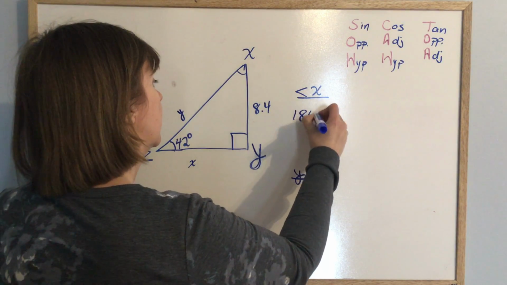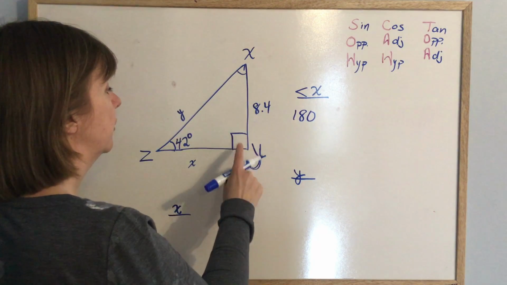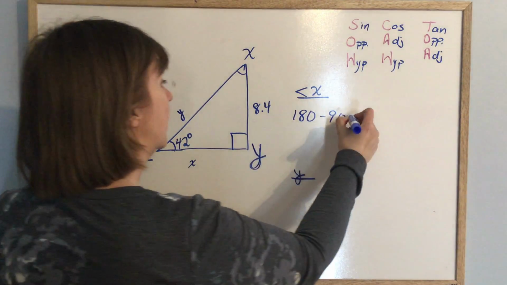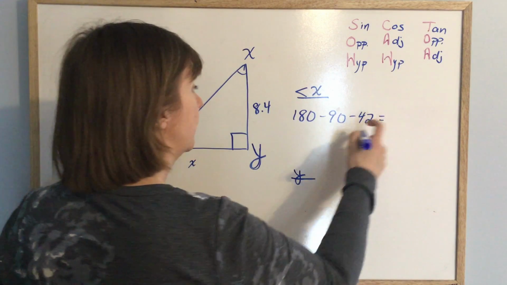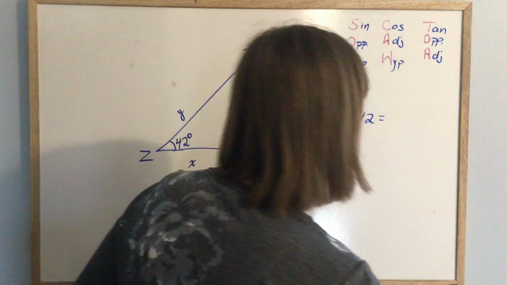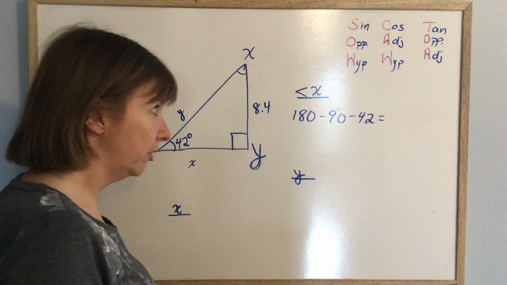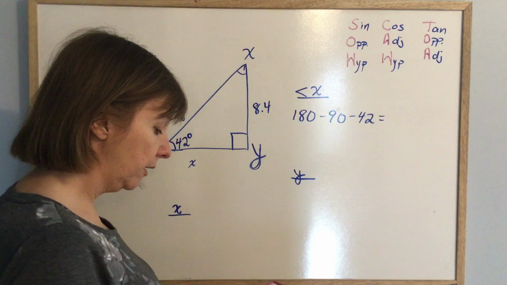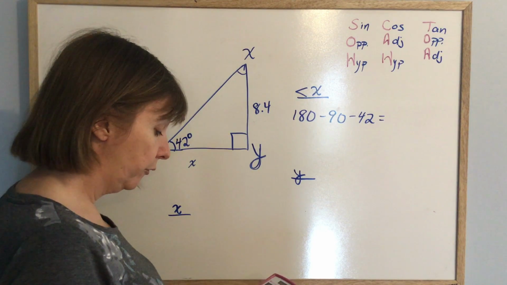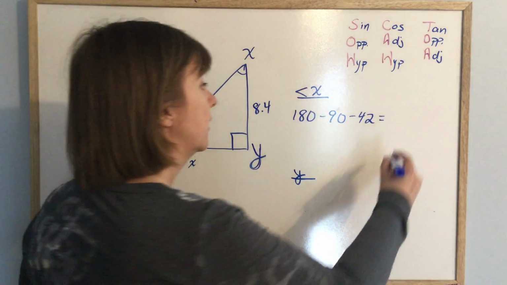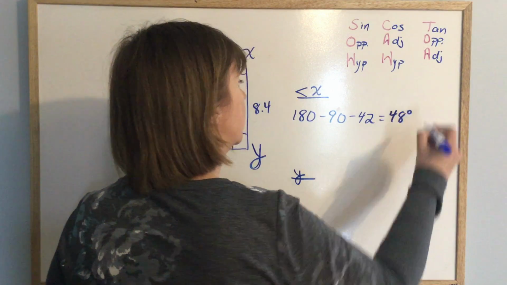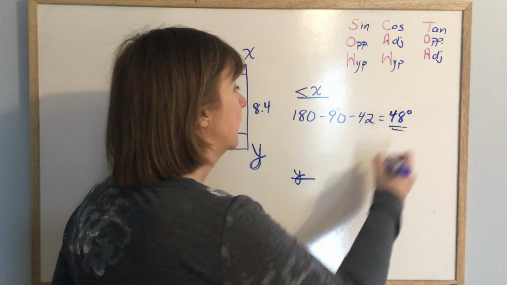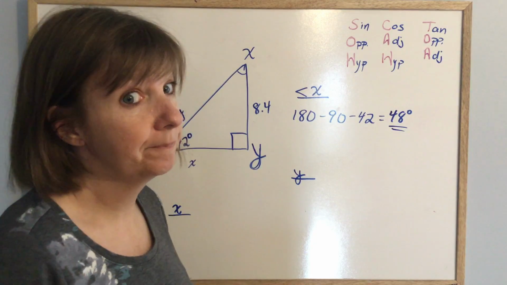So if I know that angle Y is 90 and angle Z is 42, if I just subtract those from 180, what I will have left is angle X. So 180 minus 90 minus 42, and that is 48 degrees. So I've already found angle X. Angle X is 48 degrees.